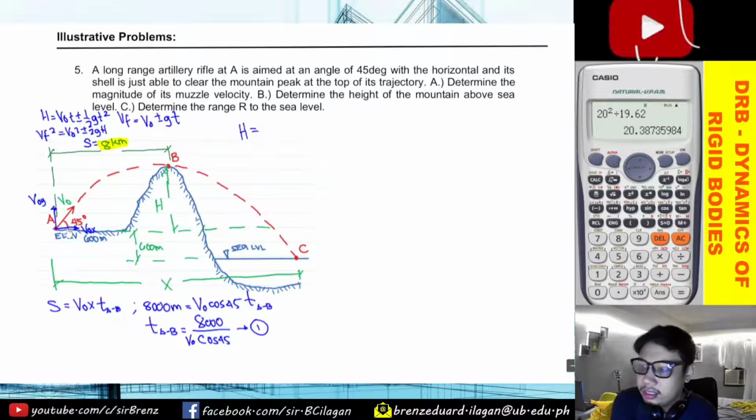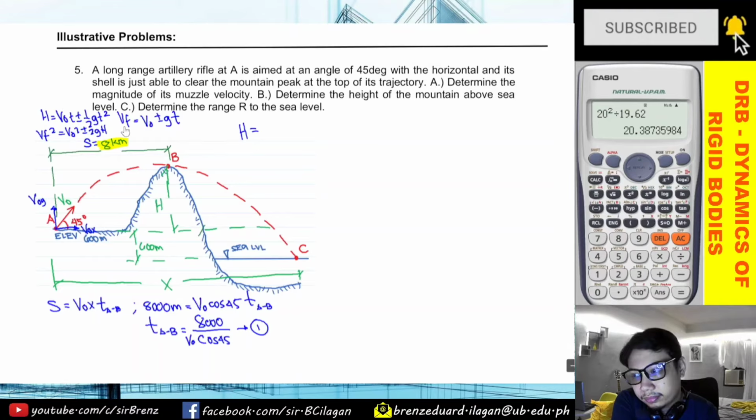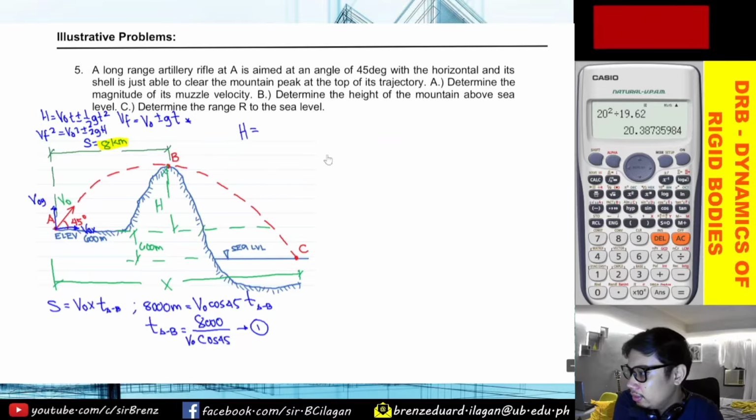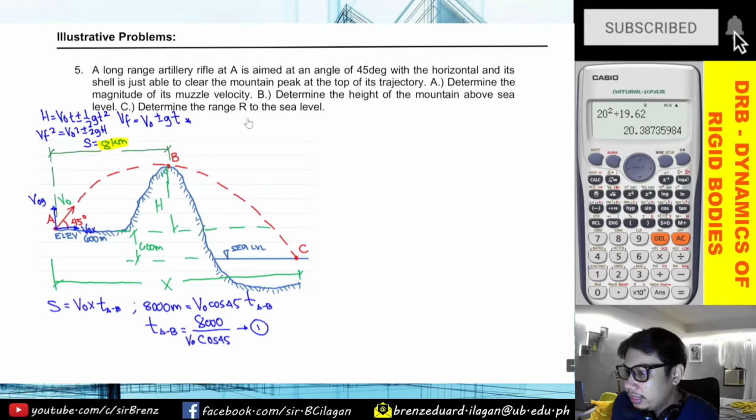So wala nga si initial. So final. Eto. Gamitin natin tong equation na to, yung third equation. Okay, so the final velocity, again, knowing na yung final velocity niya dito sa point na to is equals to 0, yung y component.